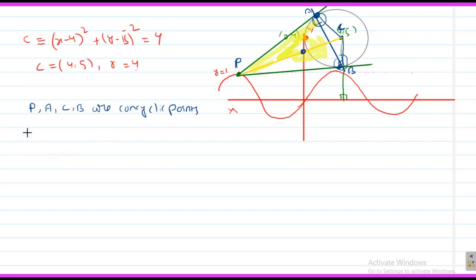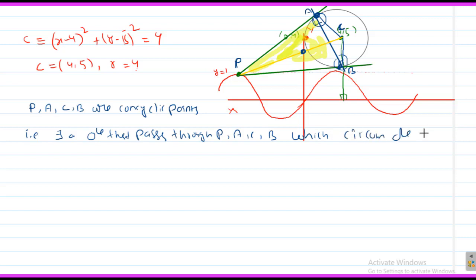So there exists a circle that passes through P, A, C, B, which is the circle for triangle PAB.